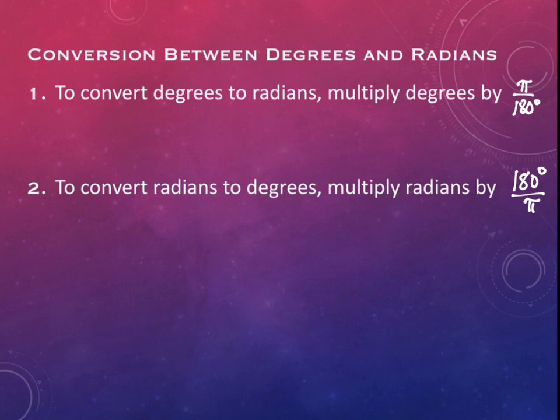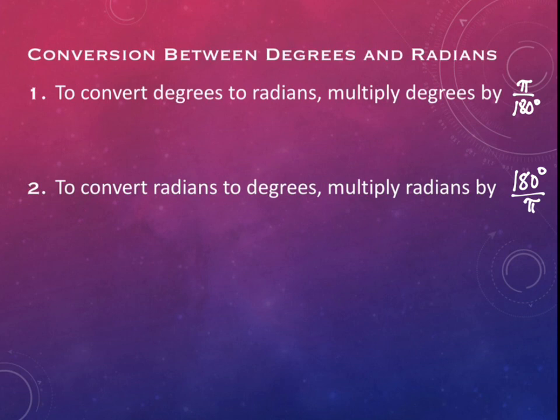Now, why is this? Well, these values are equal to each other. 180 degrees is exactly the same as pi radians. They're just different measurements, right? It's like talking about 12 inches and 1 foot. It's the same amount, yes? 16 ounces and 1 pound, same amount, right? So if they're the same amount and I multiply by it, I'm actually multiplying by the number 1.